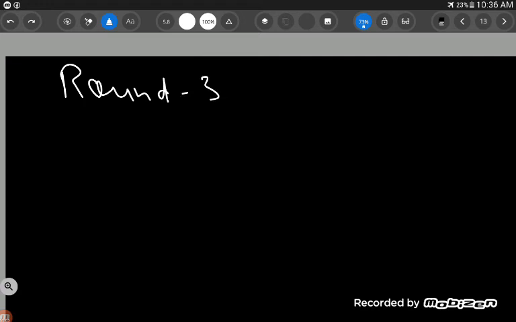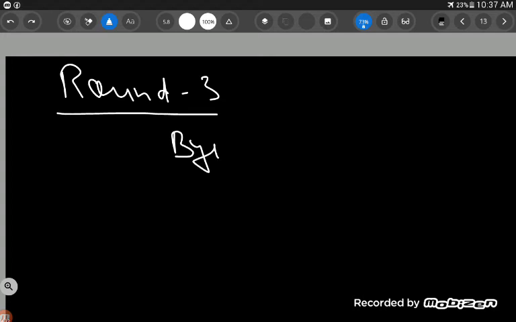Round third. Again, first of all we will write the bye. Then we will write the team names. And all teams will rotate according to the clock one step.